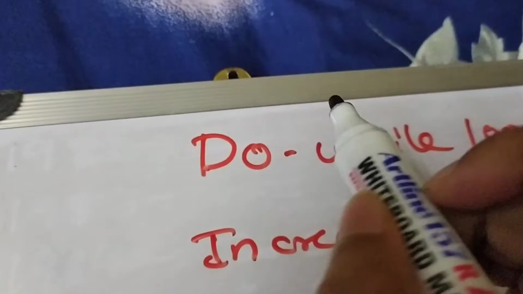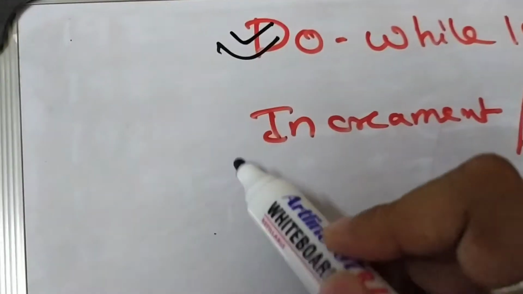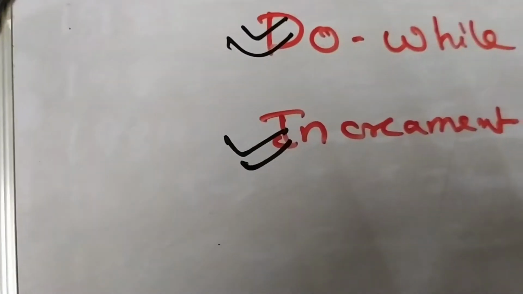First I will talk about the do while loop, then the increment and decrement operator. So now let's begin.